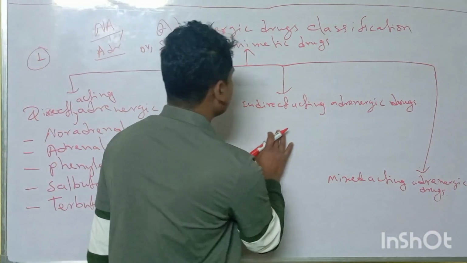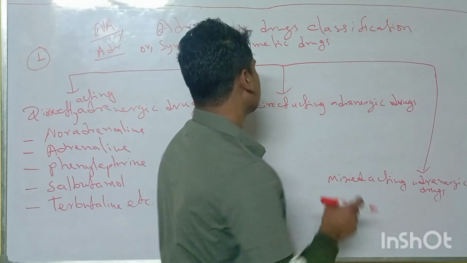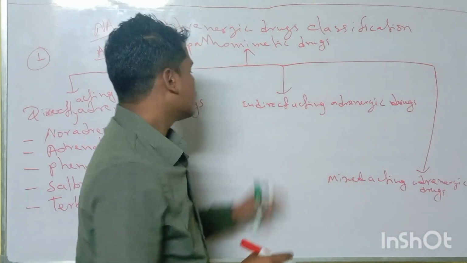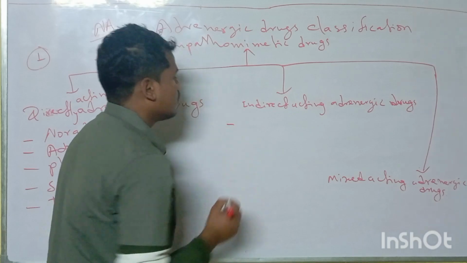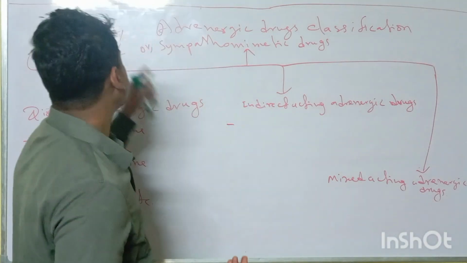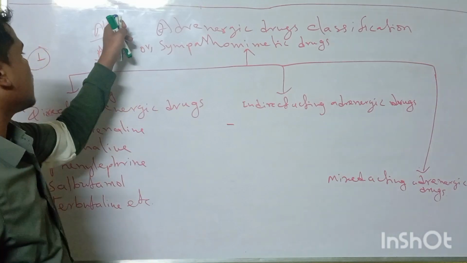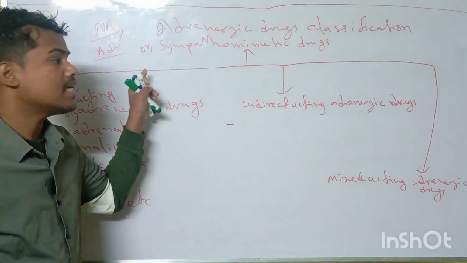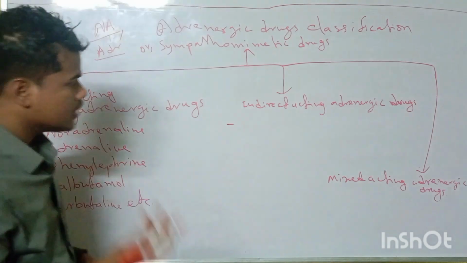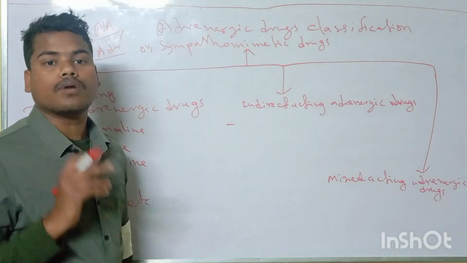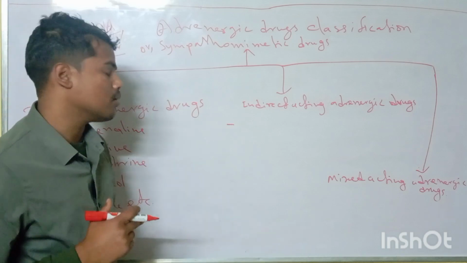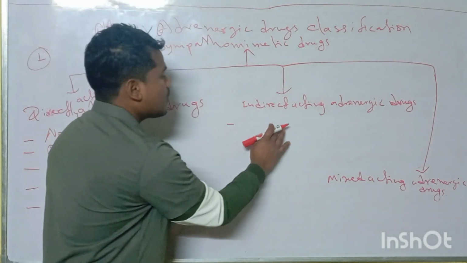Then which drugs are known as indirectly acting adrenergic drugs? These are drugs that potentiate the action of the noradrenaline and adrenaline released endogenously from the postganglionic nerve fibers of the sympathetic nervous system.